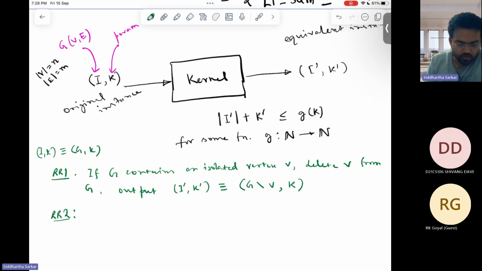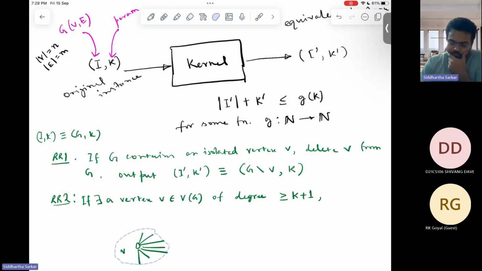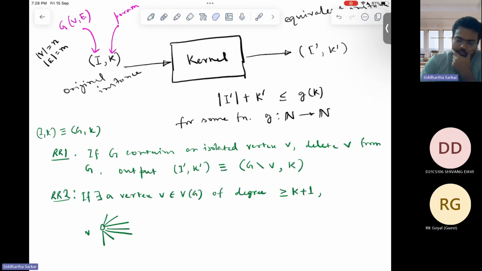It says that if there exists a vertex v in the graph of degree k plus 1 or more, then what shall we do? So there is a vertex v that has too many neighbors, and you're asking whether there exists a vertex cover of size k or not.